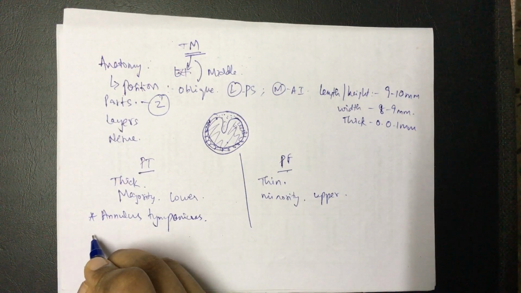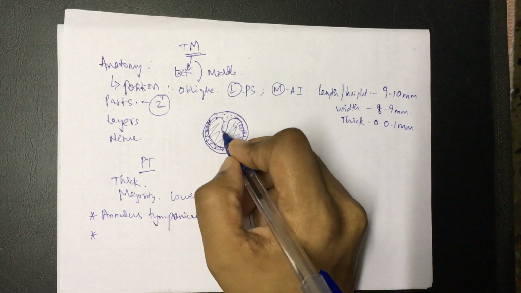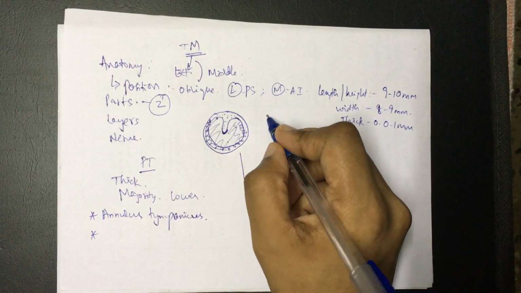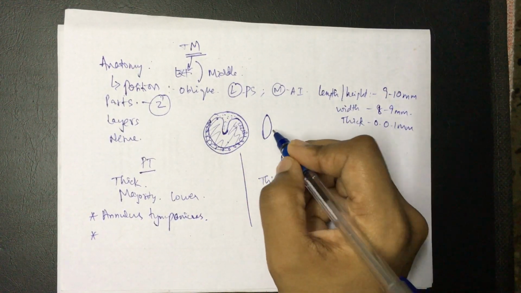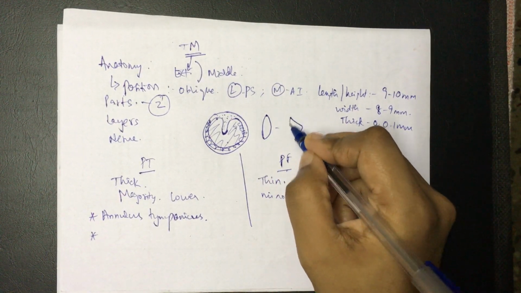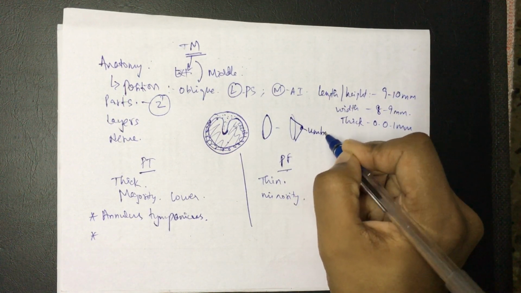And yet another interesting fact is in the central part. The central part of the tympanic membrane, like here, is going to be indented. So in a lateral view, as expected, the tympanic membrane won't look like this. Instead, it will look like this because it is indented over here, and this part is called the umbo.